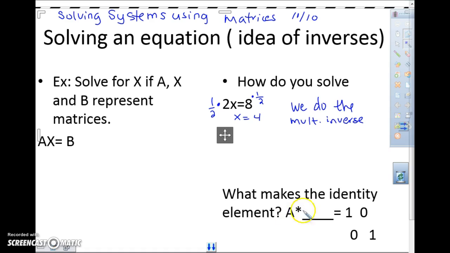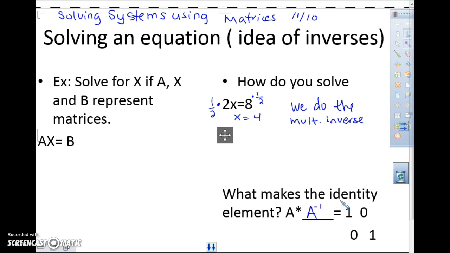Well, this is a matrix, so how do we write the inverse of A? We just did it on our calculator. What goes on the top? With the little -1. Yeah. So A times A^-1, or A raised to the -1 power, or the inverse of A, gives us that identity. And we're going to use that to solve systems.